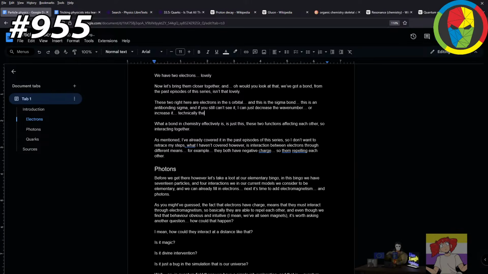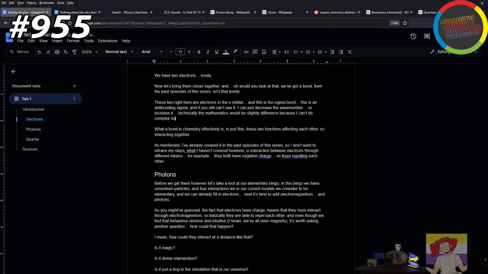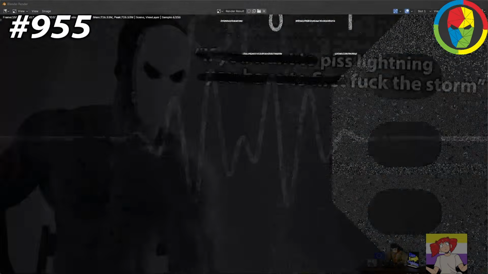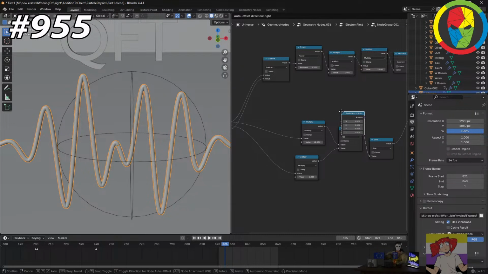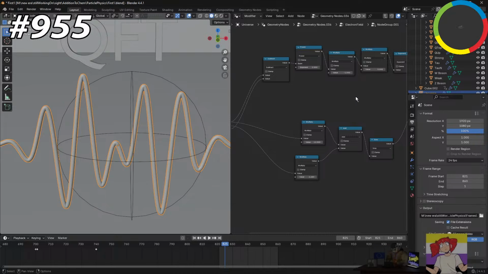Technically, the mathematics would be slightly different because I can't do complex numbers in Blender, but this is close enough. Can I actually do complex numbers in Blender? Hold on, let me see. Oh, I can. Quaternions, rotation.